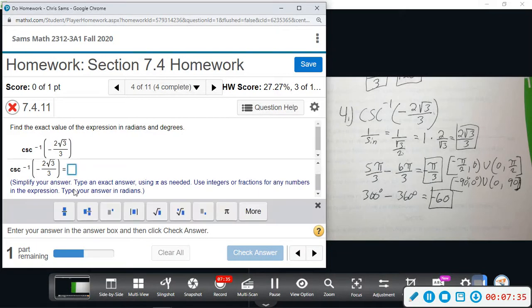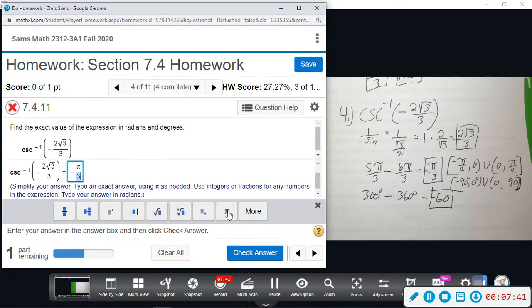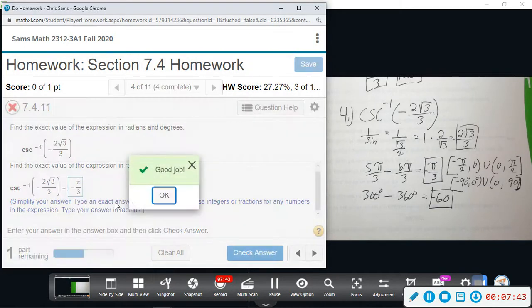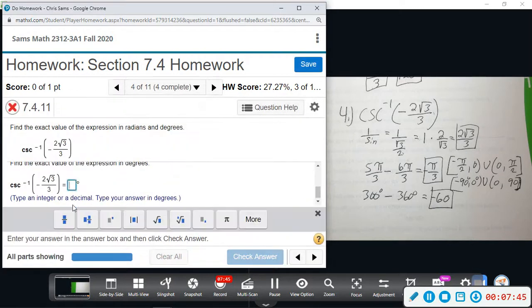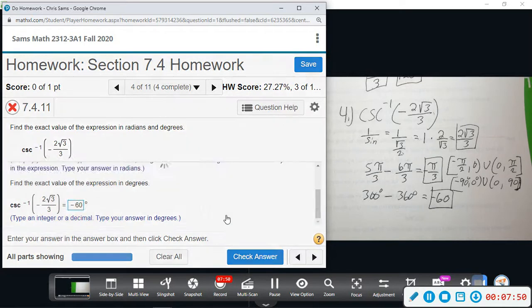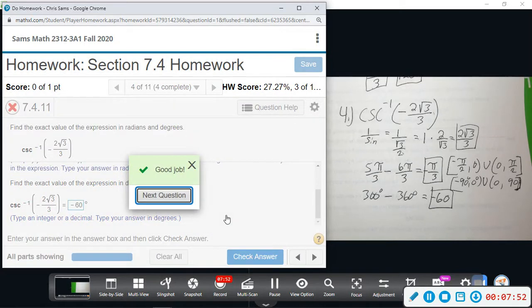So this will be negative pi divided by 3, and this one will give us negative 60. Depending on the direction you're going, you count either forward by 30s or backwards by 30s, and then the half angles are 45. But that's it.